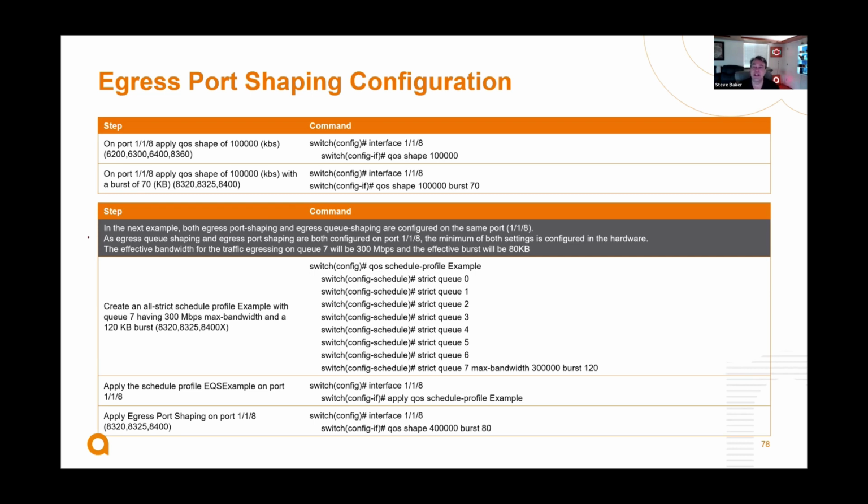Based on this example, we've got Q7 max bandwidth of 300,000 with a burst of 120, but I also have a qos shape command directly on the interface of 400,000 with a burst of 80. Because of this configuration, the effective bandwidth for traffic on Q7 is going to be 300 megabits, but the burst isn't going to be 120. The burst support for that queue is going to be 80. So I hope that made sense.